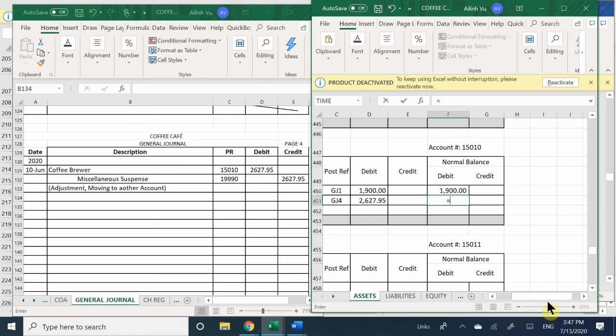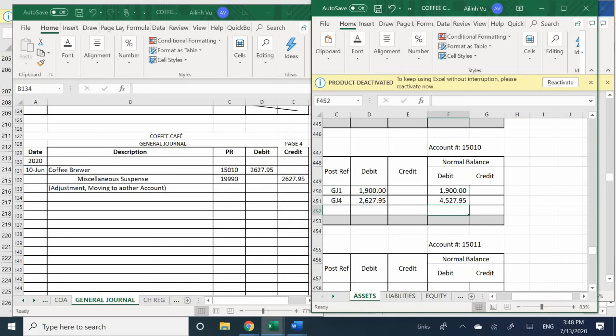Okay, so it should be equal to 1900 plus my 2627 minus my credits, because the credits will decrease it. So I should have a grand total of $4,527.95.